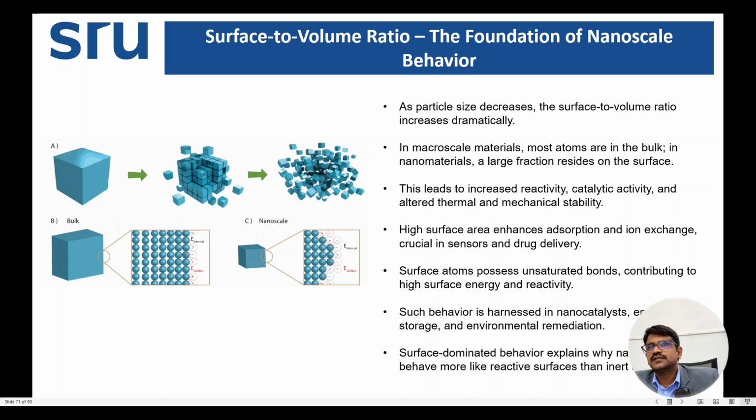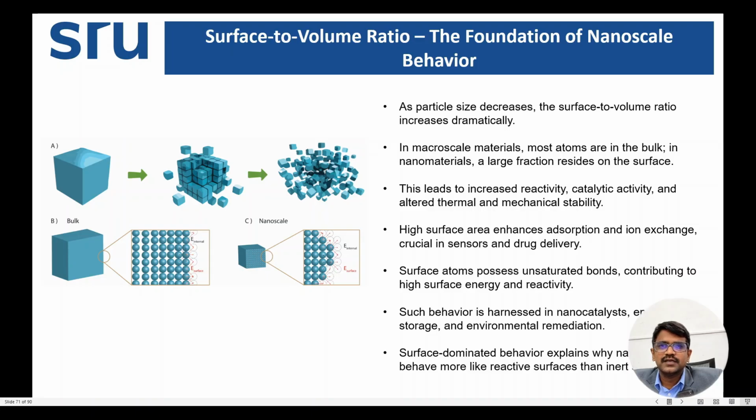See here, some of the major points related to surface to volume ratio. As particle size decreases, very important point, the surface to volume ratio increases dramatically. What is happening here? The particle size is reducing.